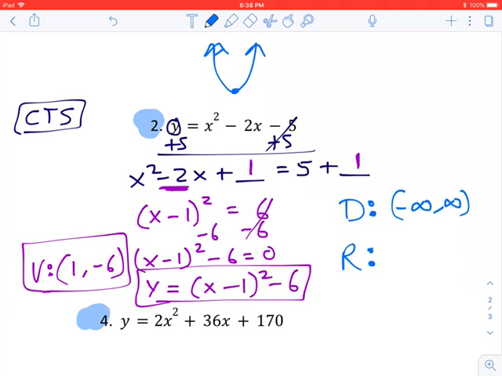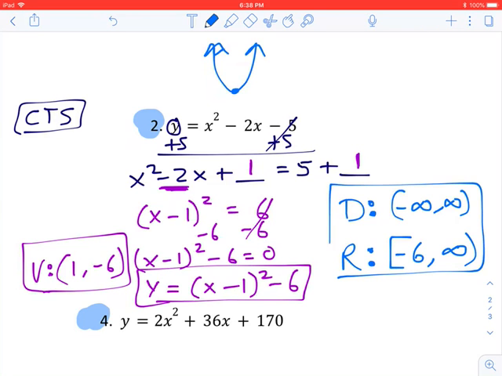I don't need to actually graph it. I just need to conceptualize that the bottom y value is my vertex y value, which is right here. So negative 6 is my bottom y value, and then it goes up forever. And so that would be my domain and my range.